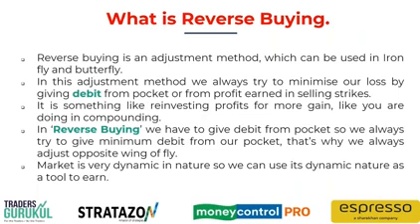So today's topic is reverse buying. This term is coined by me. And what is reverse buying? I will try to elaborate on this. There are two parts to reverse buying. Basically, reverse buying is an adjustment method which can be used in iron fly and butterfly. We can use it in both kinds of strategy.